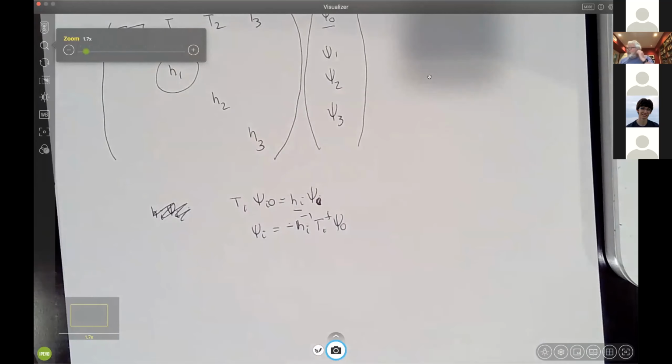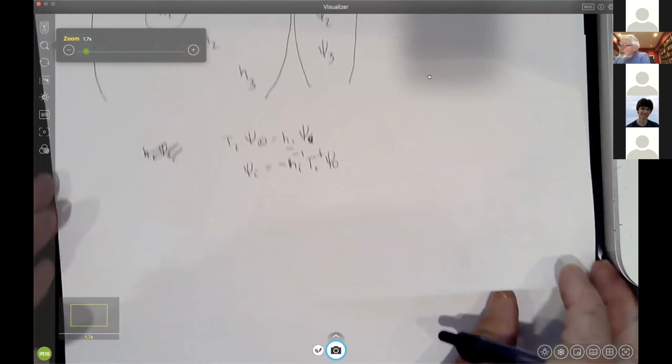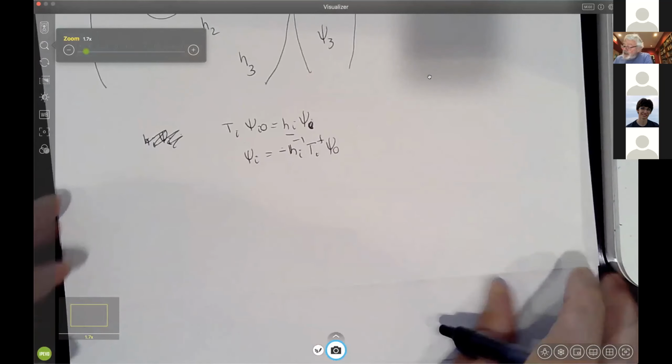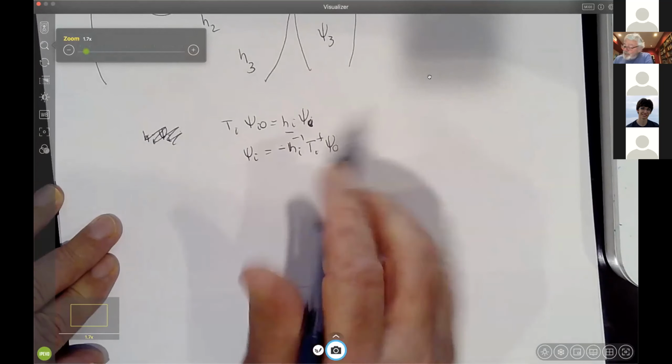So this is basically just doing first order perturbation theory in this space, and you can write down how the wave function of the Dirac point in one layer is changed by its coupling to the other layer.